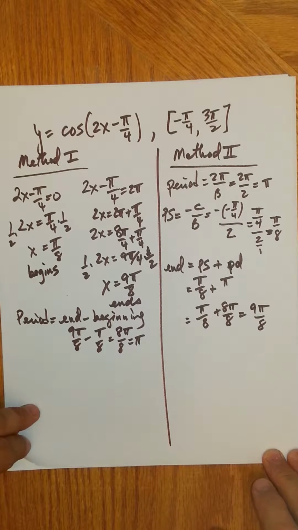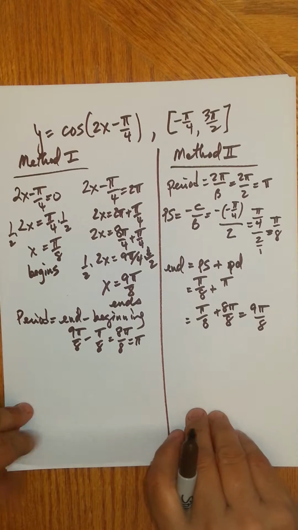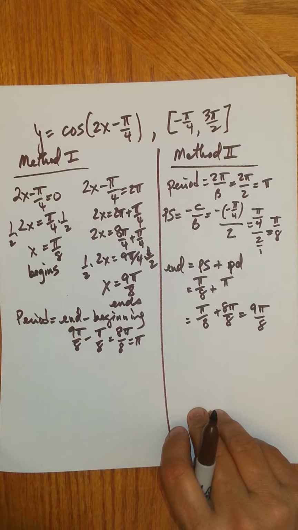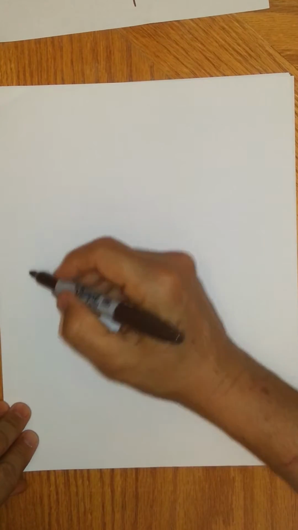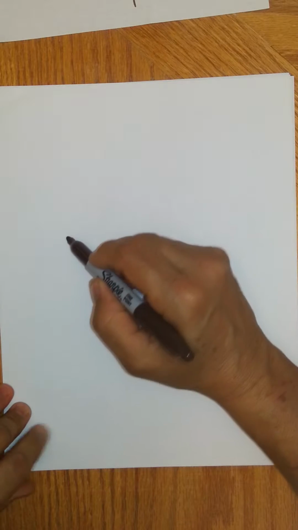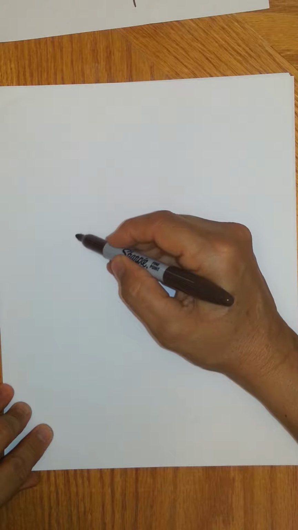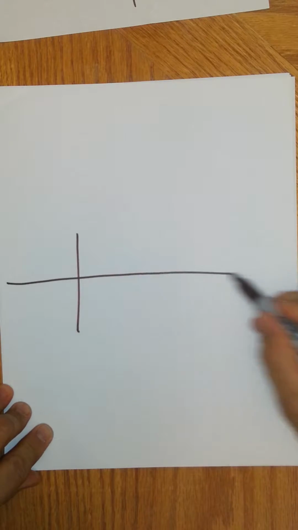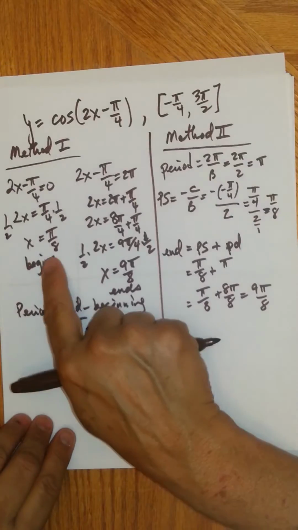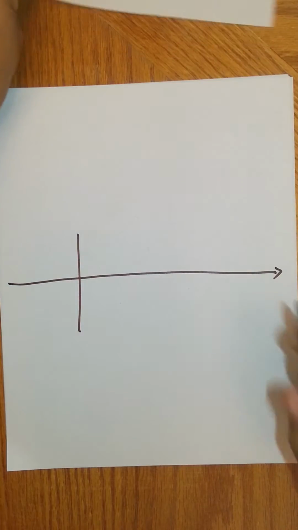All right, so now let me go ahead and draw at least one wave, and then we can go back and find the quarter points and then extend things. All right, so let's go ahead and draw one wave. So we know we begin at pi over 8 and end at 9 pi over 8.